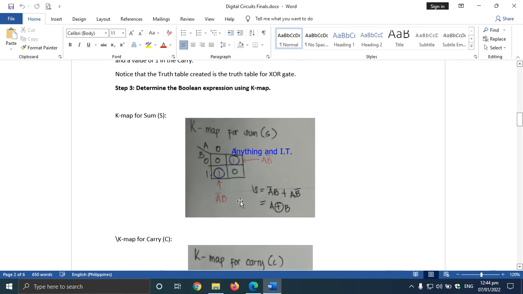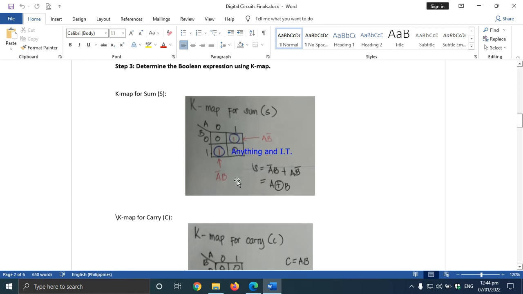So, as you can see, with this K-map, I can now derive the Boolean expression, which is this first grouping that is equivalent to A, B bar. And our second grouping, that is A bar or A complement times B. So, I can now create the Boolean expression for my sum or S, which is equivalent to A complement B plus A B complement.